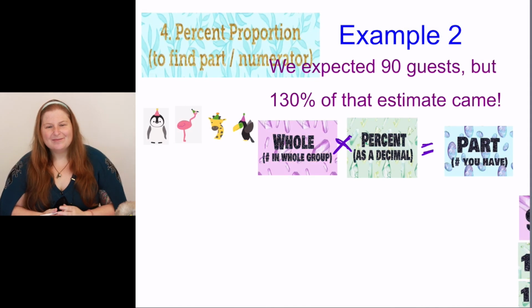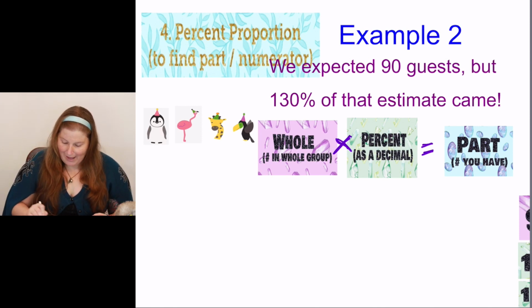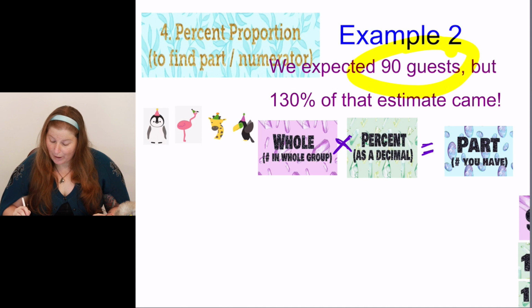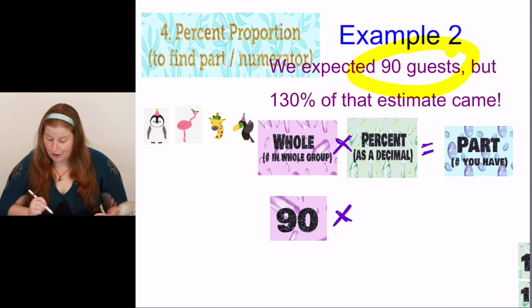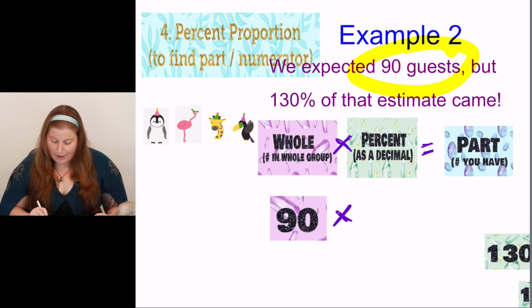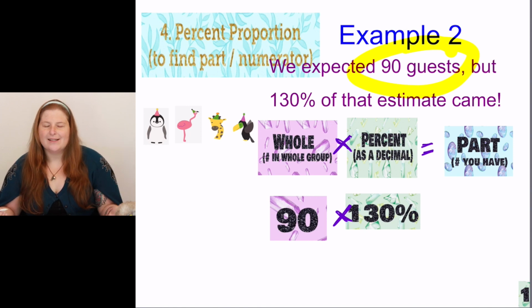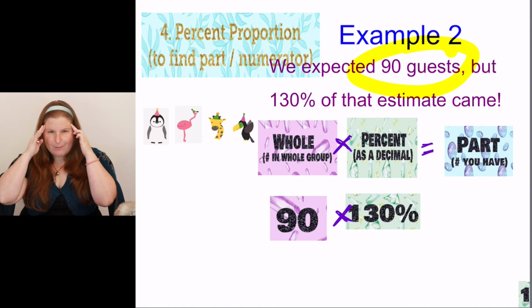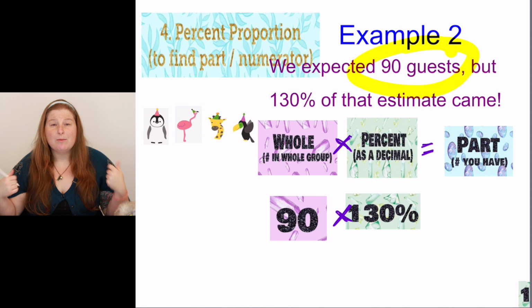Welcome back. Let's check your work. So in this problem, we know that we had 90 guests. That's one whole group, how many guests we expected. We're going to multiply that by the percent of guests that actually showed up. And this was 130%, more than 100%. So if 100% is 90, I can use my mental math and estimation to know that 130% has to be more than 90.